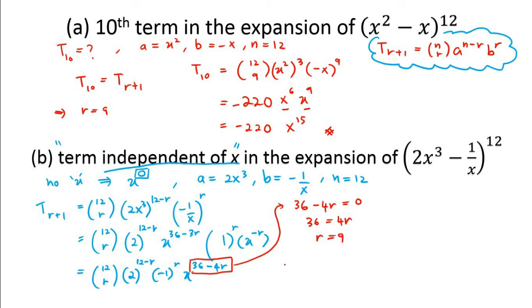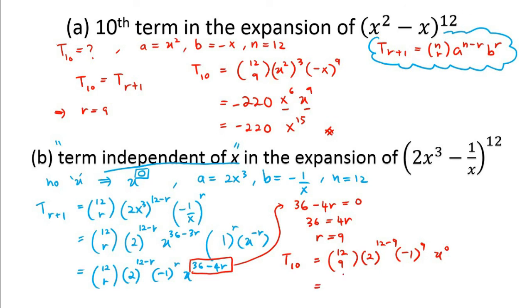Okay, so again we are actually looking for T10, right? Substitute 9 over here. So when it is T10 and your r is already known, substitute into your formula, that should be 12C9, 2 also got power of 12 minus 9, as well as negative 1 got power of 9. But x is 0 straight away, because we know that we don't want x, so x must have the power of 0.